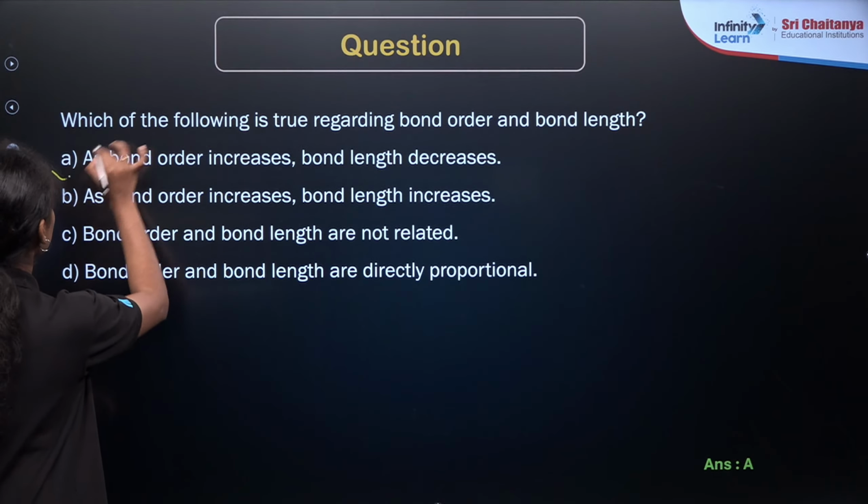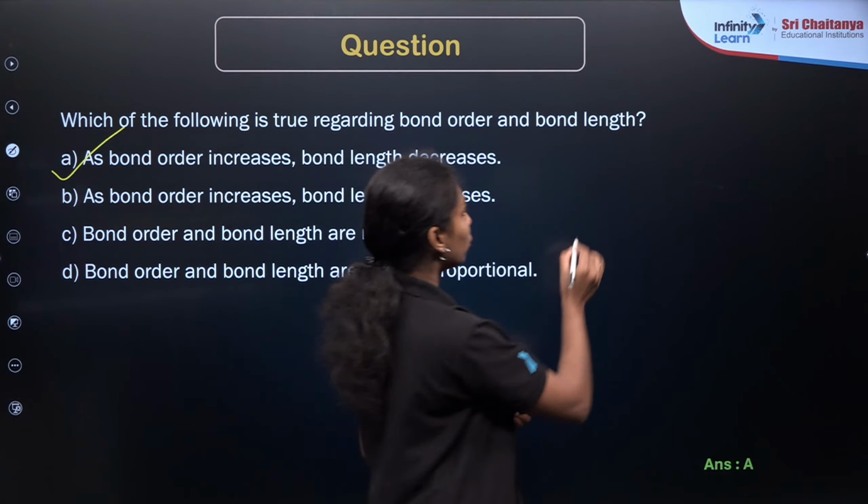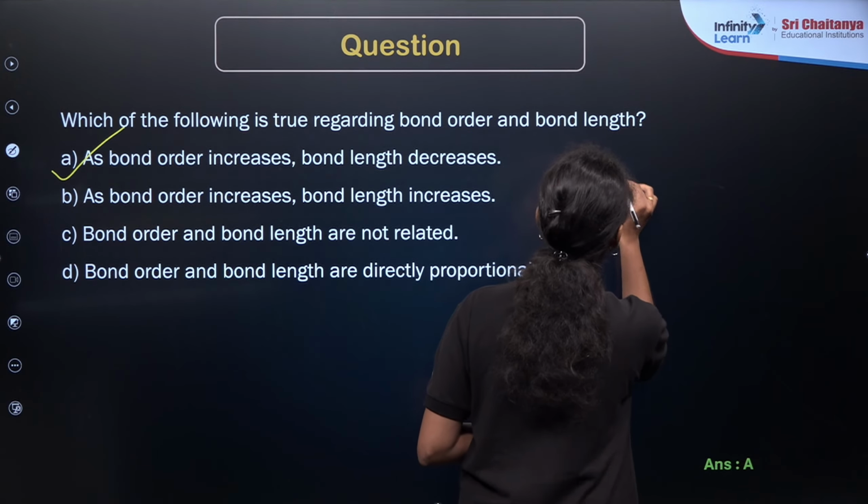Again, option A is the correct answer here. So bond order, as we already know, is the number of bonds formed between two atoms in a compound.